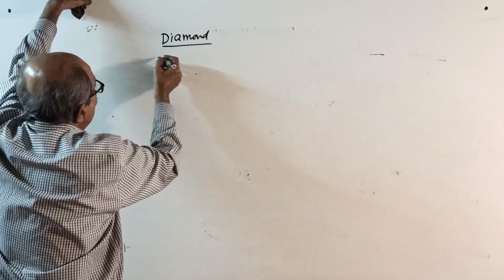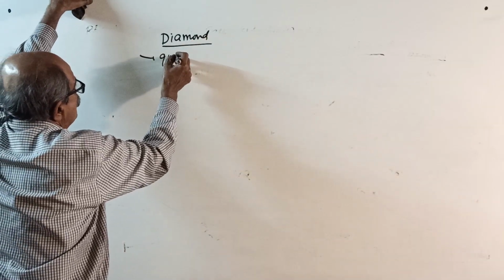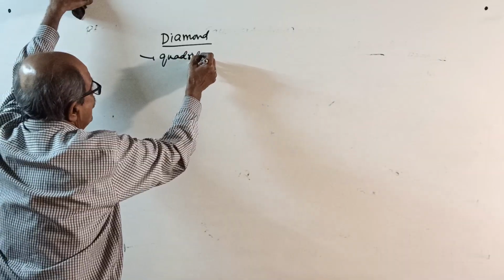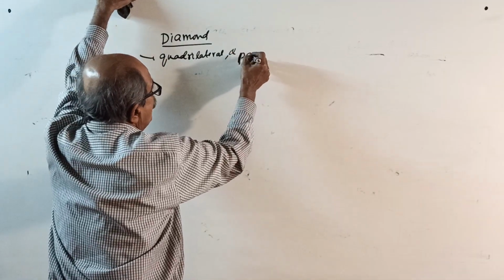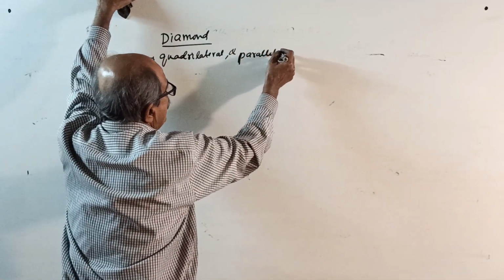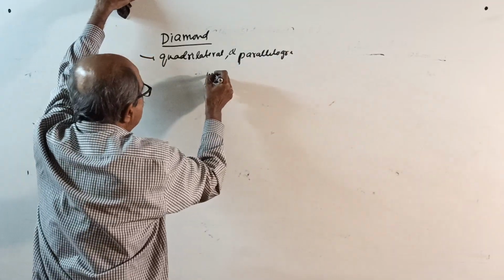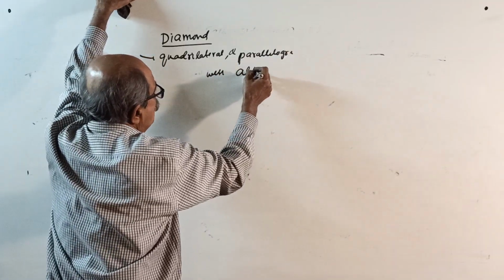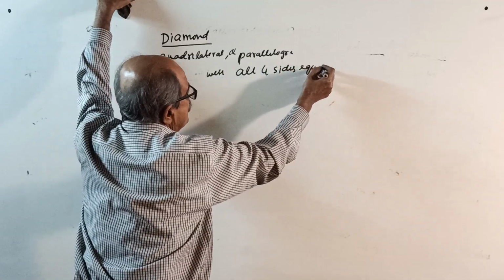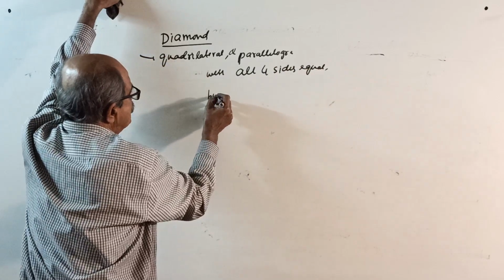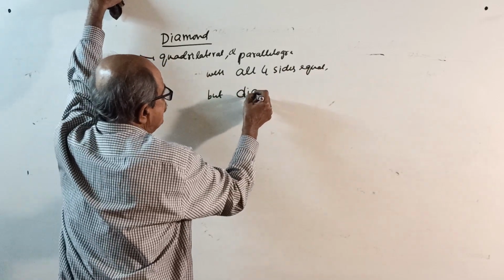Diamond section is also a quadrilateral. It is also a parallelogram with all 4 sides equal. But note, diagonals are not equal.